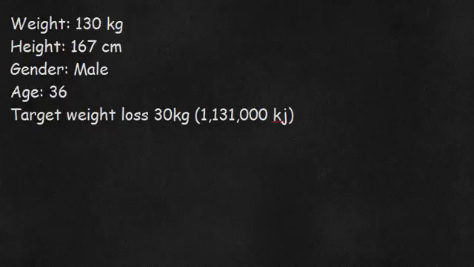Next, we can find the BMR for our test subject. Now, because the amount of energy a body uses at rest goes down as the weight drops, we'll use the BMR at the halfway point of the weight loss at 115 kilograms. And we're going to use the following site to calculate this.